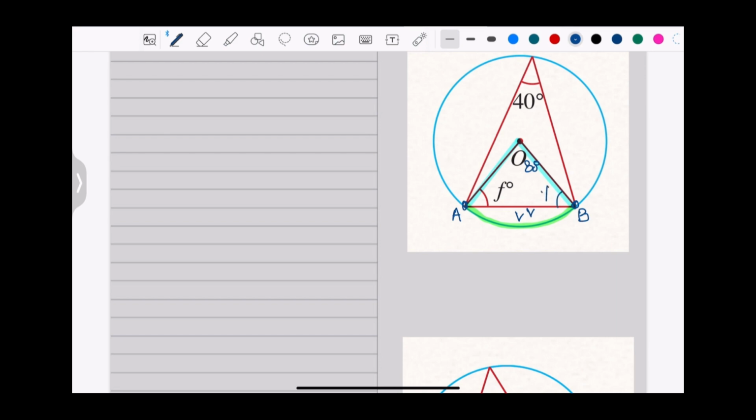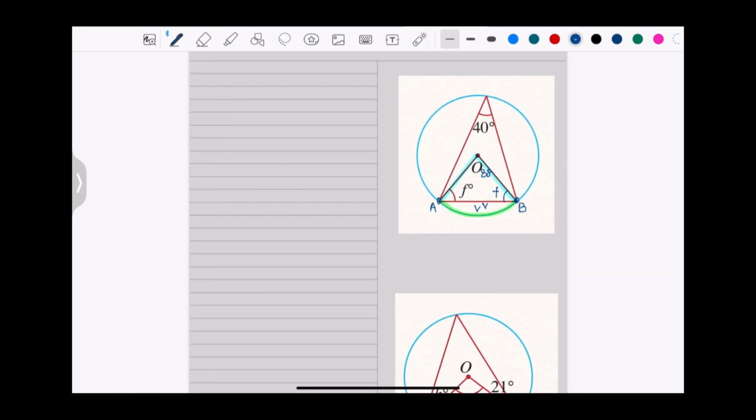So this is as well going to be F. So 80 plus F plus F is equal to 180 degrees. And 2F is equal to 180 minus 80, and F is going to be 100 over 2, which makes F 50 degrees.